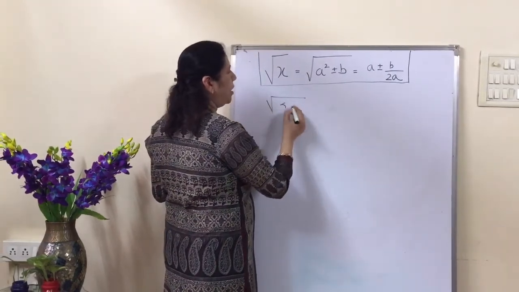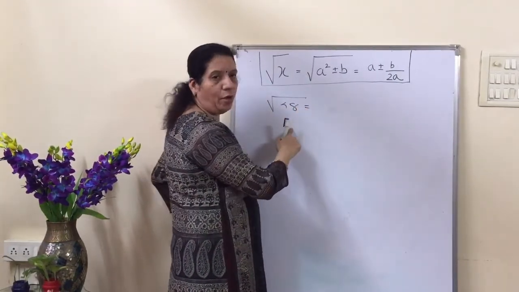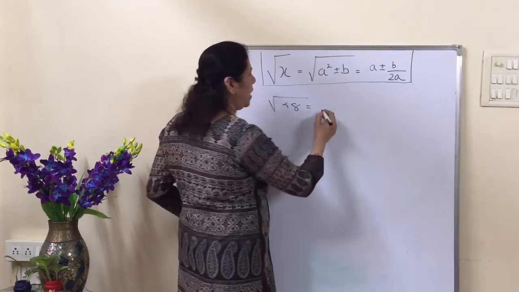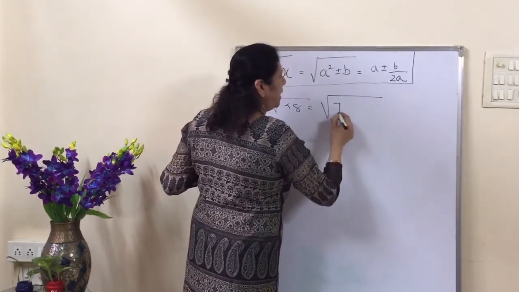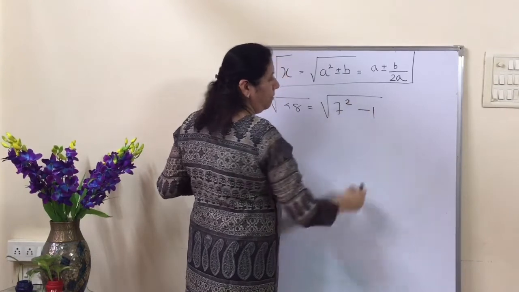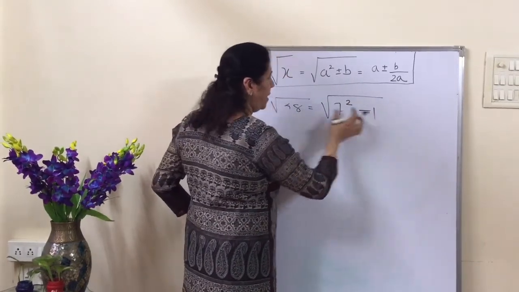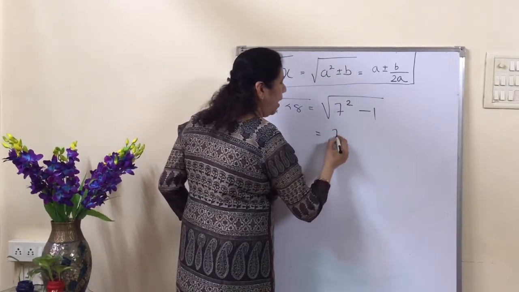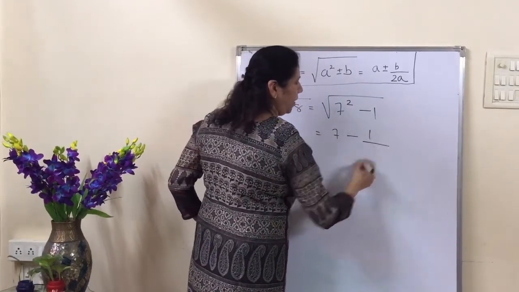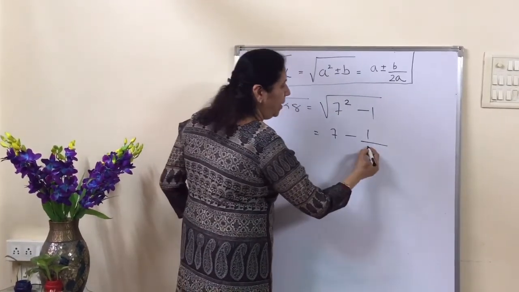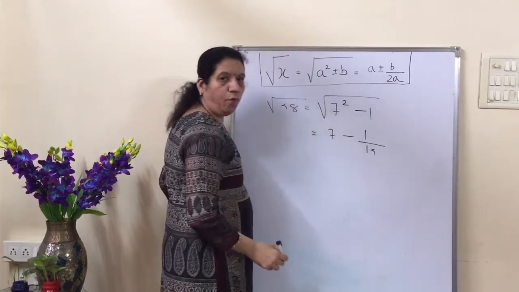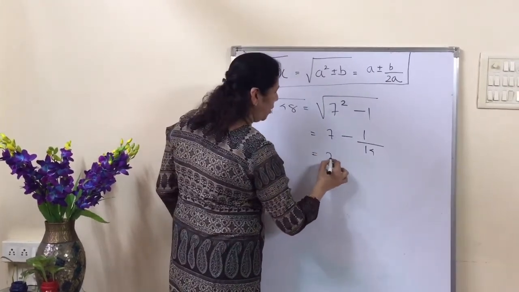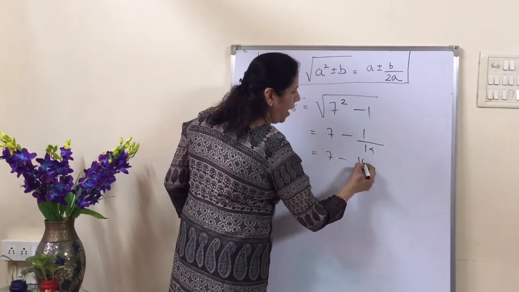Let us take a similar type of example. Say root 48. Now the nearest square to 48 is 49, which is equal to 7 square, and we have to subtract 1 because 49 minus 1 is equal to 48. Now as per our rule, our answer is 7 minus 1 upon, now you have to double this 7, so it is equal to 14. Now as I explained to you, we have to multiply and divide by 100.